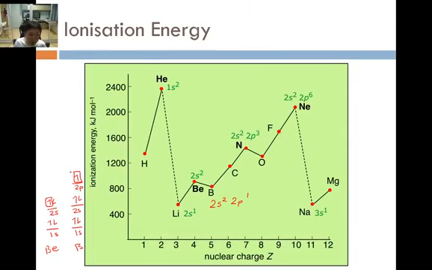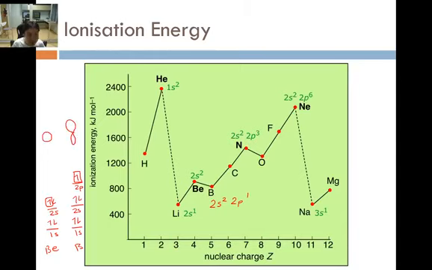So the point here that I want to make is that the electron to be removed from boron is from a 2p orbital, whereas the electron to be removed from beryllium is from a 2s orbital. The difference between the 2p and the 2s orbital is that on average, the 2p orbital is further away from the nucleus as compared to the 2s orbital. So again, the 2s orbital looks like this, whereas the 2p orbital looks like this.